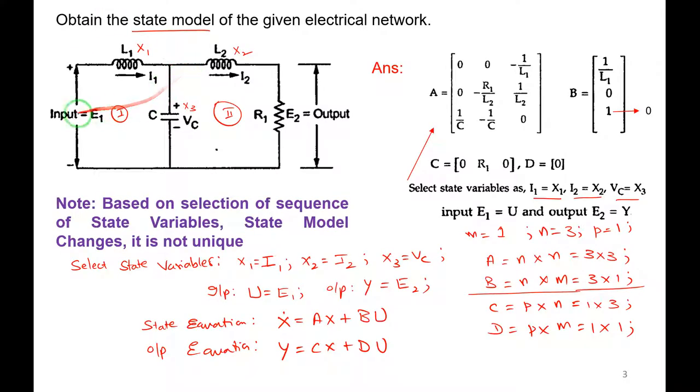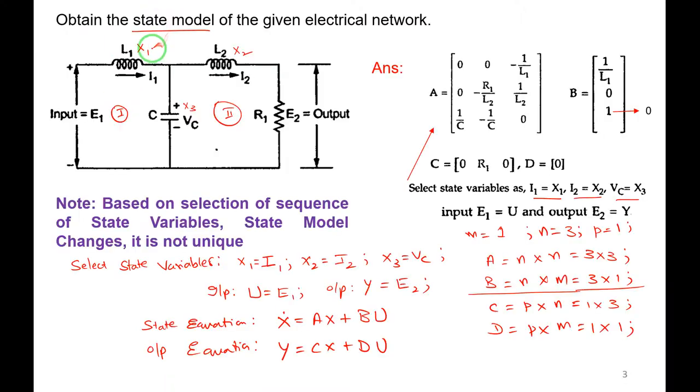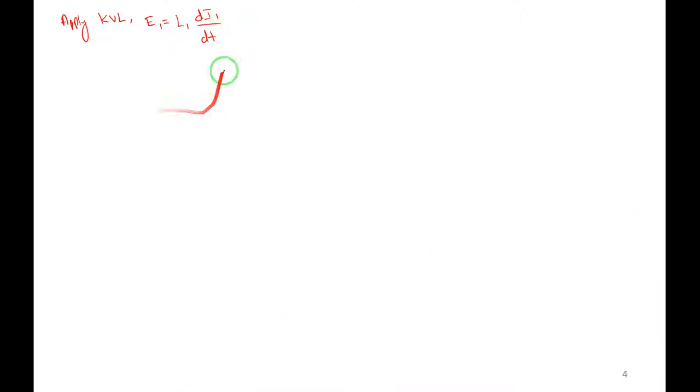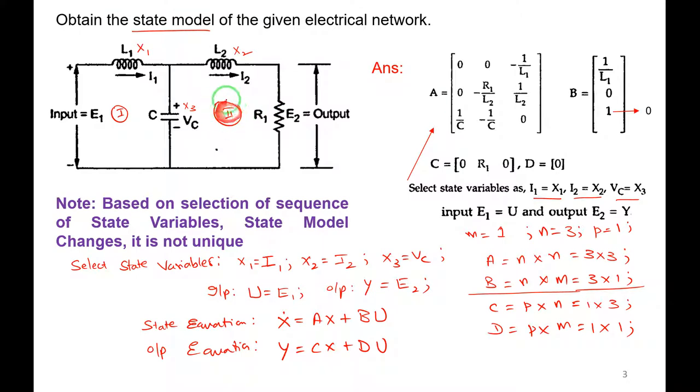So what is the equation I'm going to get? E1 is equal to L1 into di1 by dt, plus Vc, right? Call this equation 1. Next, apply the KVL to loop 2.